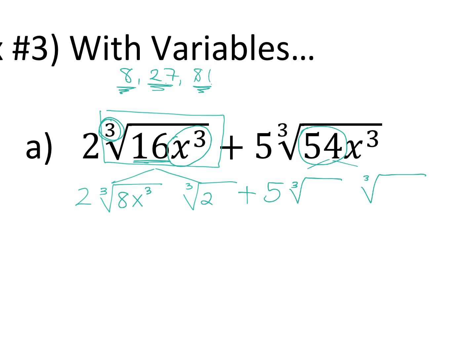So you can just use your calculator for that. 54 divided by 27, and you'll get 2 on that. So 27 is the perfect cube. 2 is the one that is not a perfect cube. And then you have x to the third. So we have to figure out if I'm going to be able to divide by 3, how many of those are going to go on the perfect side. 3 divided by 3 works. So I'm going to put them all there. X to the third.